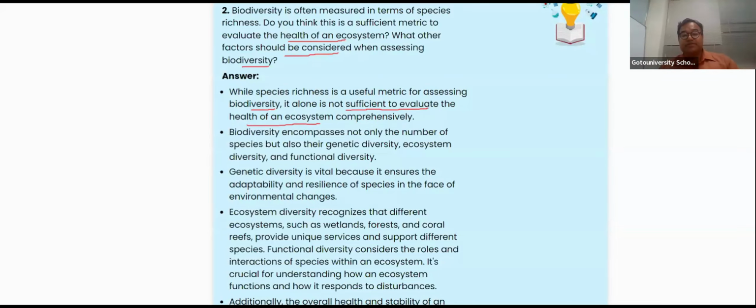Species richness means the species population is much more. The reason for that is adaptation is much more. Why? Because the climate disruption is much more. So species richness comes because of many reasons, not only adaptation but also reproductive credential.